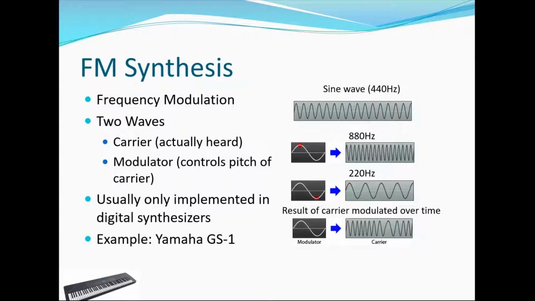And what happens is we're just playing back our tone of, let's just use 880 hertz, and then we use the 220 hertz wave to modulate the pitch of our first wave here. So this can be a sine wave, a square wave, a sawtooth, whatever, what have you, and then we manipulate its pitch based off of the modulator wave.